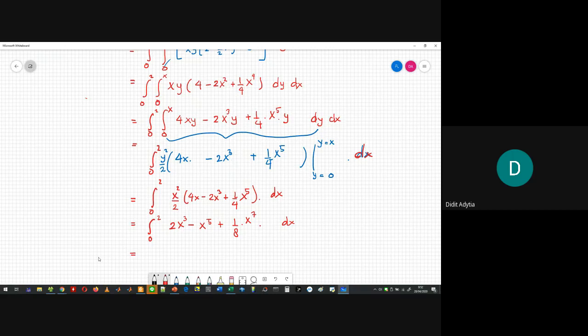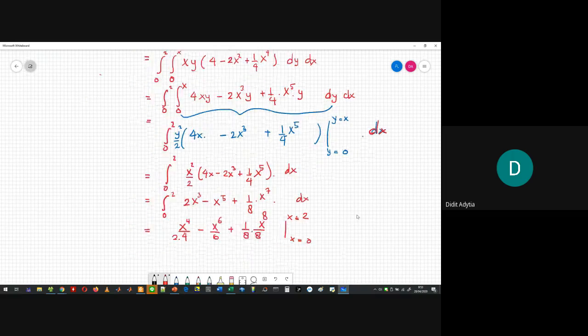Now integrated x to the power of 4 divided by 2 times 4, yeah. This is x to the power of 6 over 6, and then 1/8 plus x to the power of 8, and then this is 8. And then x is from 0 to 2.